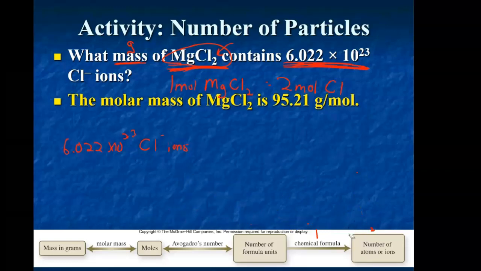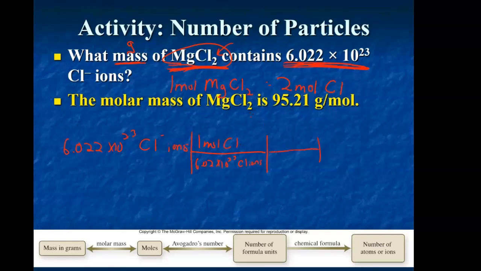We got all that. And again, if you can do this faster than I can, go ahead, put it in the chat. So there's 6.02 times 10 to the 23rd Cl ions, or ions of Cl, in 1 mole of Cl. And then we use our relationship.